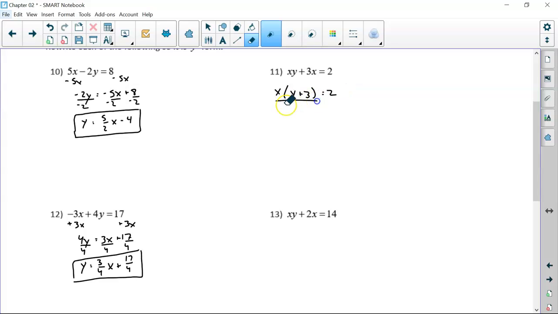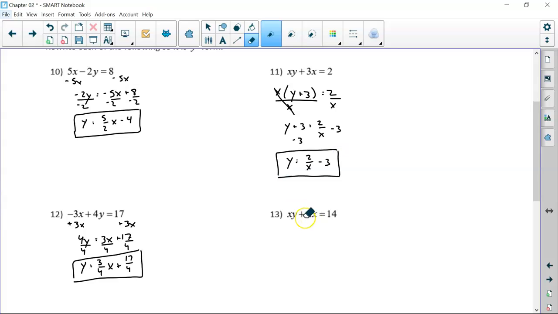So I'm going to divide both sides by x to undo that multiplication. So we're left with y plus 3 equals 2 over x. And then to get y by itself, we subtract 3 from both sides. y equals 2 over x minus 3. And there's our equation with y in terms of x.